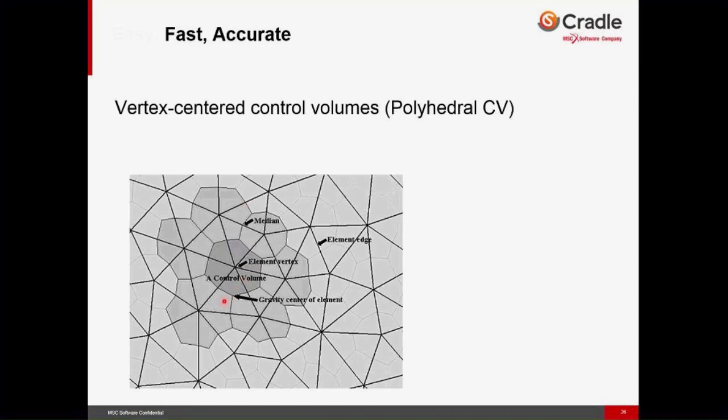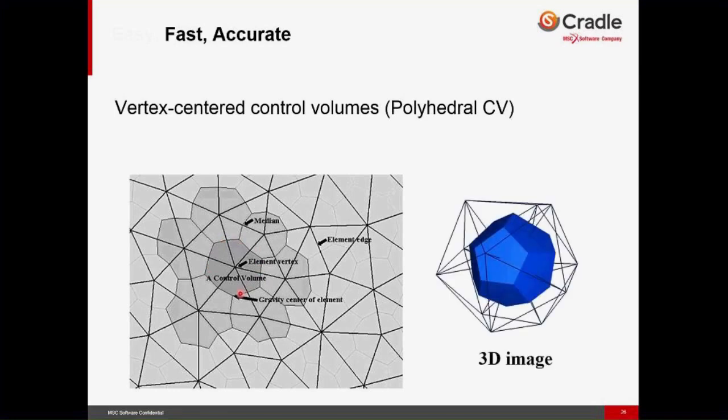To give you an example, these black lines indicate the elements, let's say tetra elements. Using the medians of all those lines, the solver creates polyhedral elements like that. And that's the control volume.